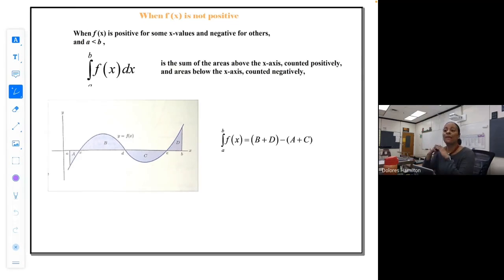So you'll notice here that when the areas are above the x-axis, we add them. When the areas of our curves fall below the x-axis, we subtract. So obviously the areas are always positive, but the definite integral takes into account the location. It's kind of like vectors, right? Where they measure length, magnitude, and direction.